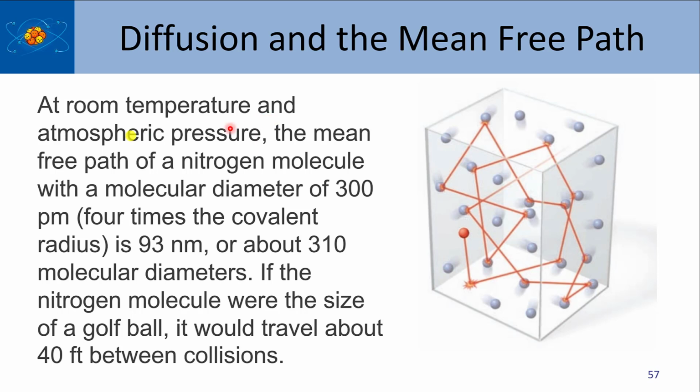All right, so let me go ahead and read this description with you. It says at room temperature and atmospheric pressure, because the pressure is like the population density. If the pressure is high, the population density is high, and there's a lot of collisions. So we have to set that criteria.